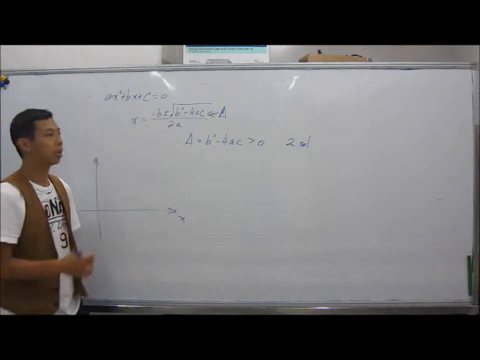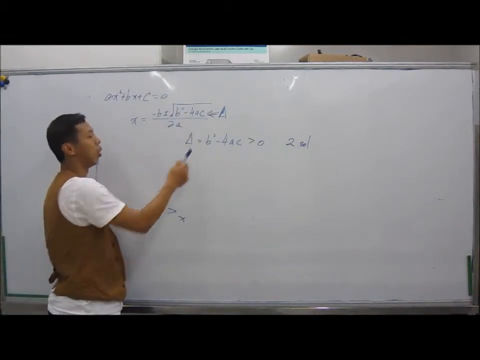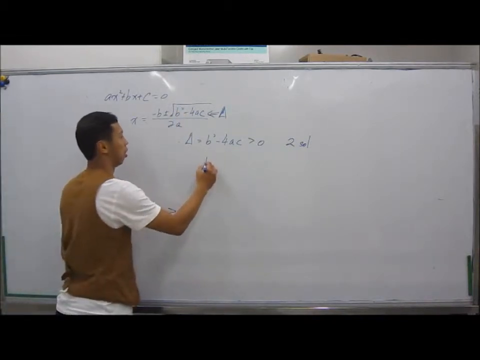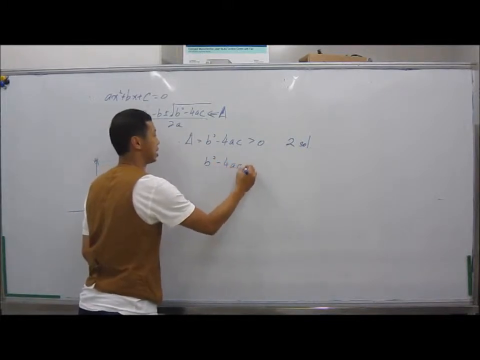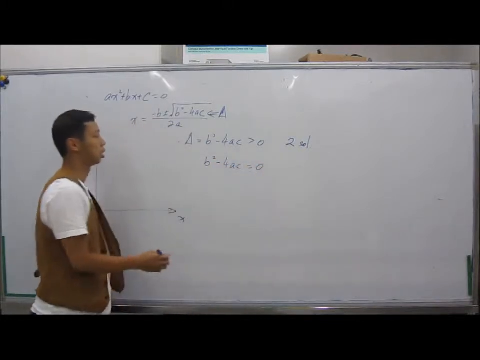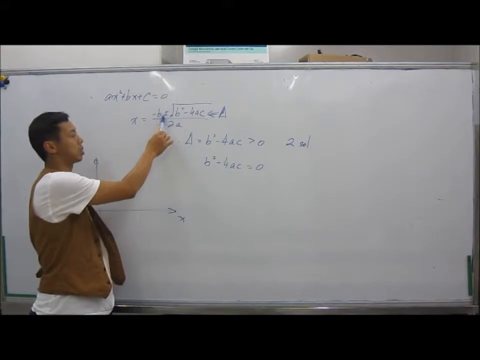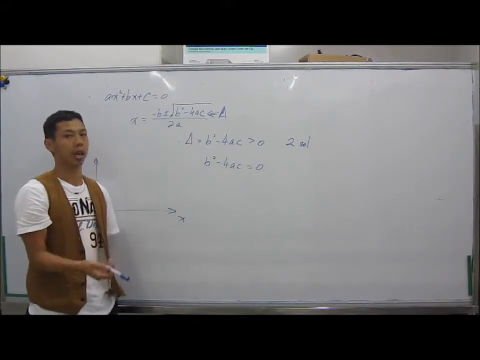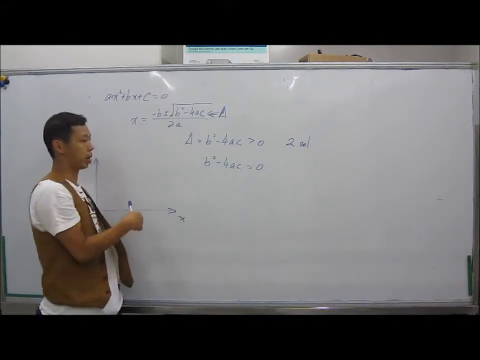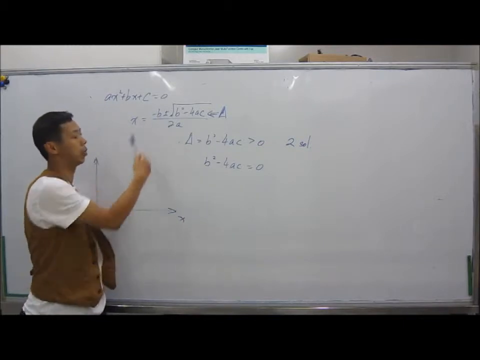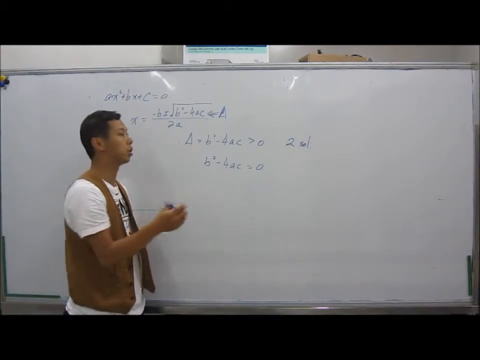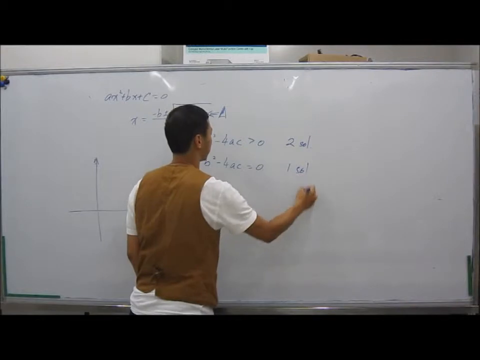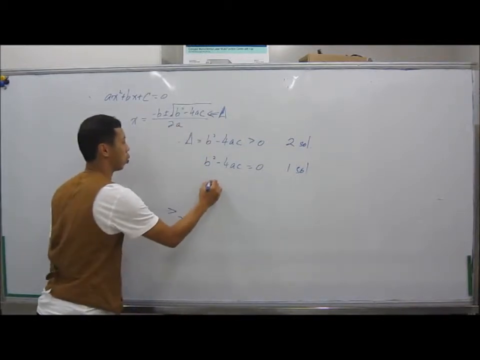On the other hand, if this term b squared minus 4ac equals 0, then negative b plus or minus 0 means only negative b divided by 2a, so x has only one solution. And the last one is less than 0.